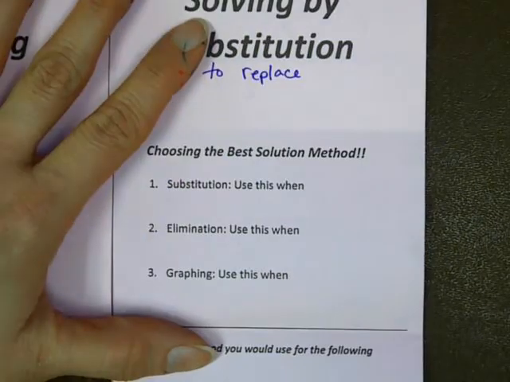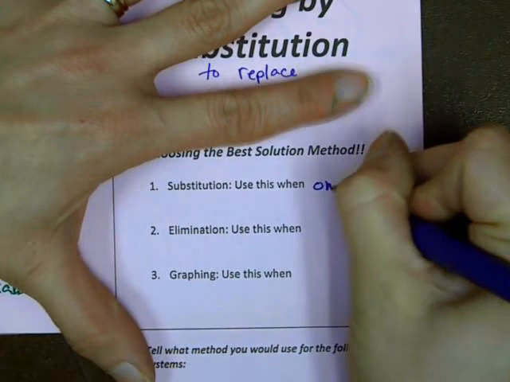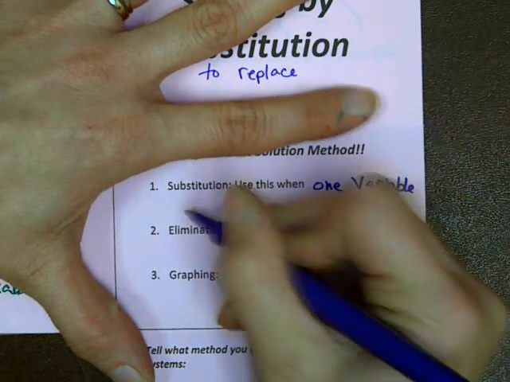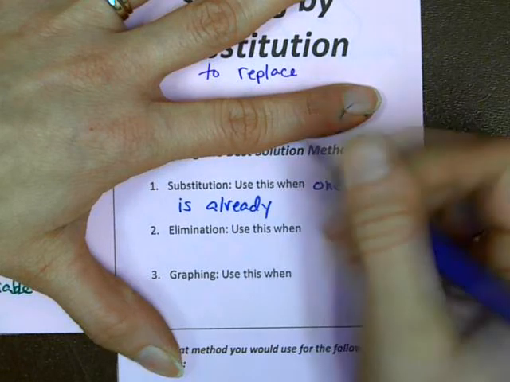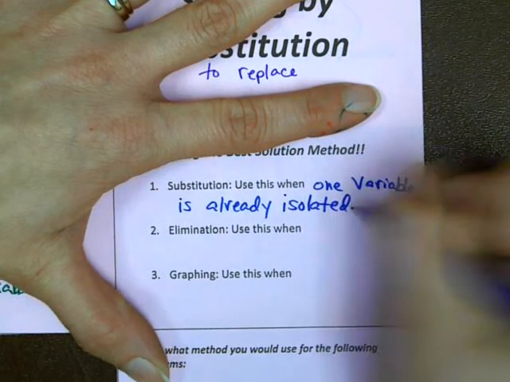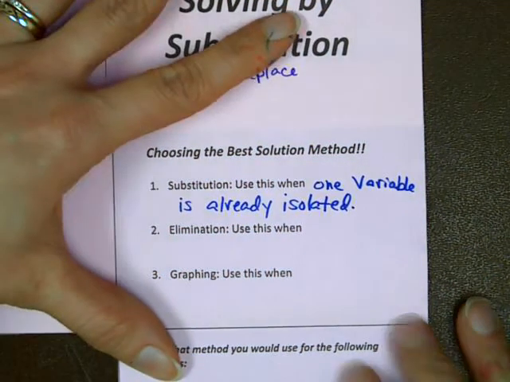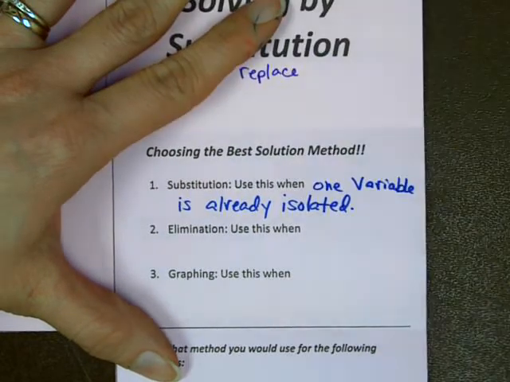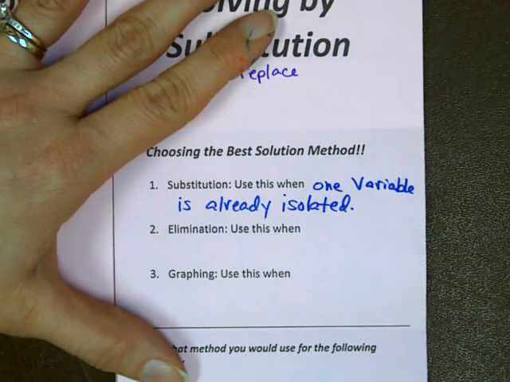It's a good idea to use substitution when one variable is already isolated. If one of the variables is already alone, substitution would be very easy to do because it's already started for us.